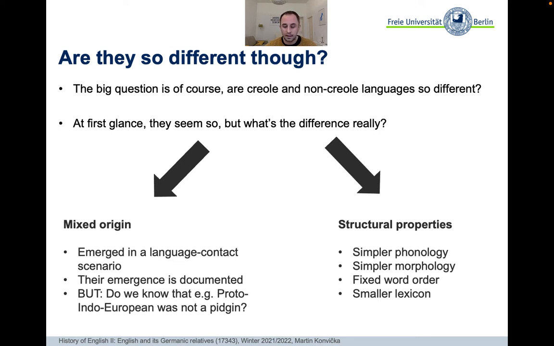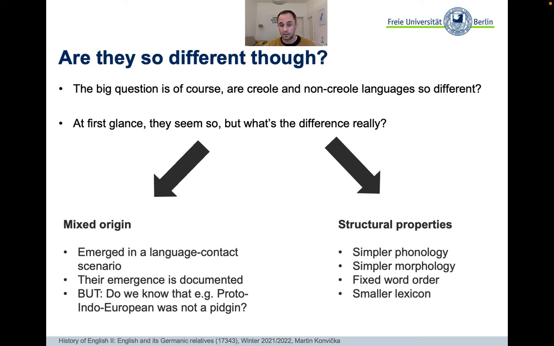However, again, a word of caution: this applies to pidgin languages, but does not necessarily have to be the case for Creole languages. Because once Creole languages become the native language of a language community, then obviously you have to communicate about more things, not only about the basic things.